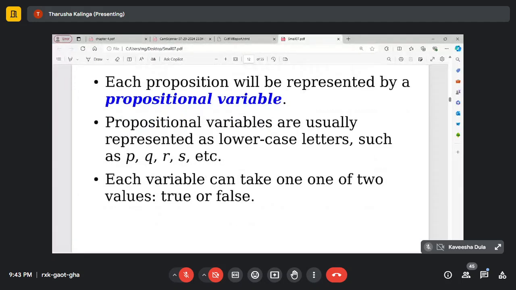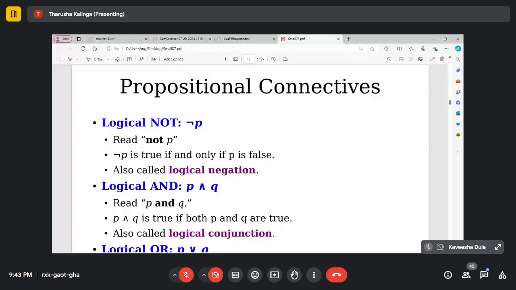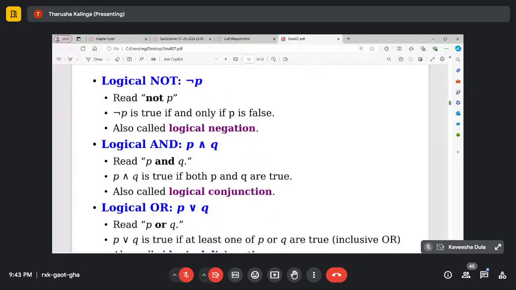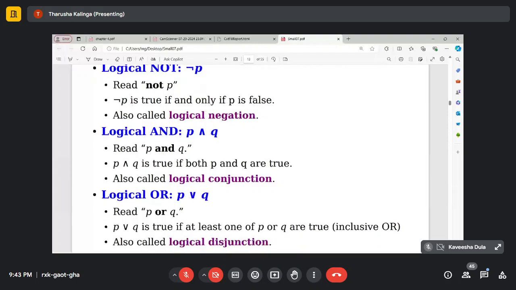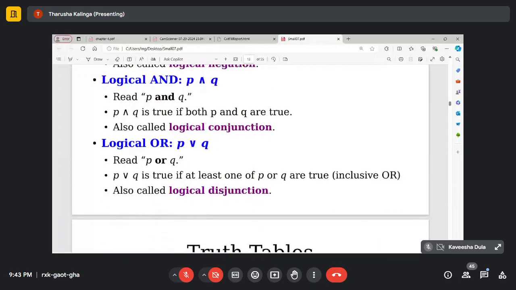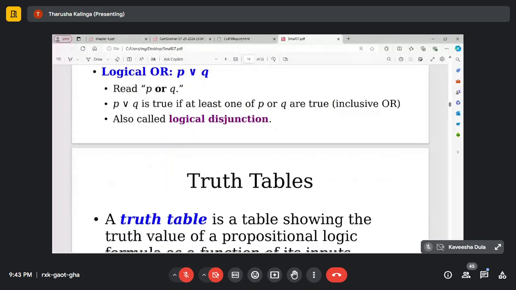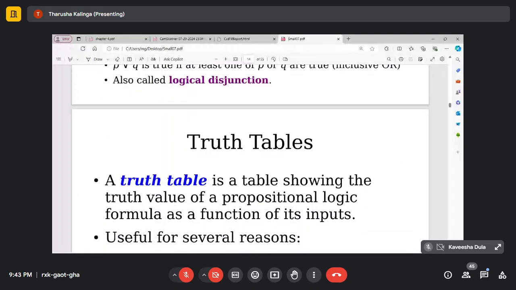Okay, here I think this would give you a clear picture about this. Logical not. So not P. This is the way that you have to represent it. So logical negation. P and Q. So that is the conjunction and disjunction. And truth table.